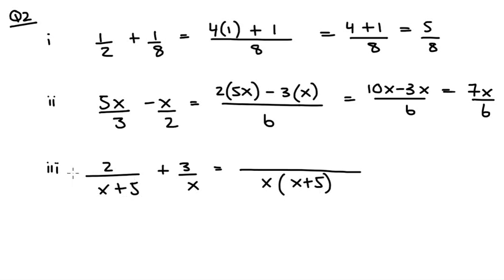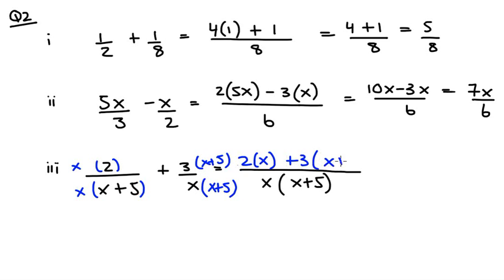If we look at the first fraction, we have to multiply the bottom by x. So that means we have to multiply the top by x as well. So we'll have 2 by x. And then our second fraction, we've multiplied x by x plus 5. So again, we have to do the same on the top. So we get plus 3 by x plus 5.